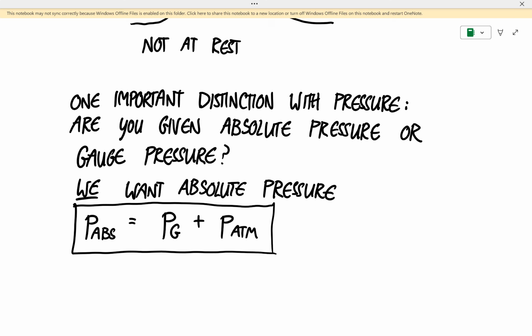If you're using a tire pressure gauge, that's an example where the pressure that you're reading is not an absolute pressure. It's a gauge pressure that's basically telling you how much higher the pressure is than the atmospheric pressure.